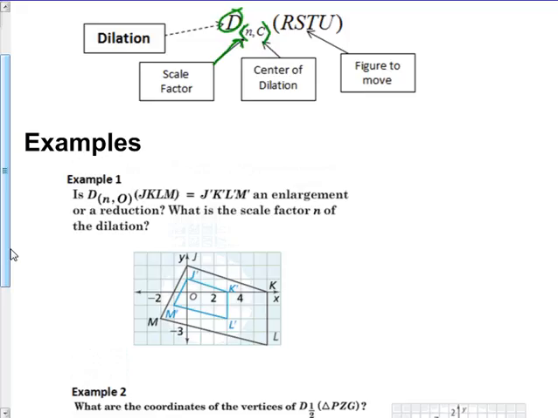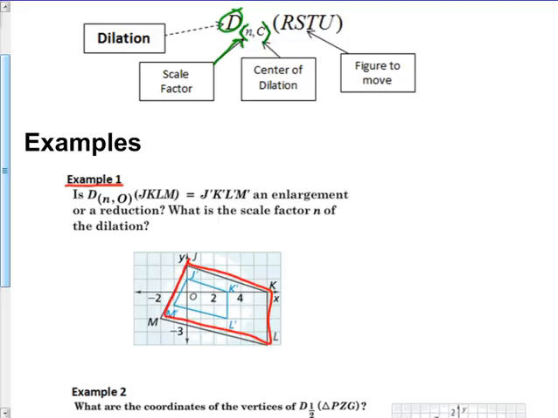Example 1. In the dilation of n about the origin of JKLM, is it an enlargement or a reduction? Make note, JKLM is actually the larger one.